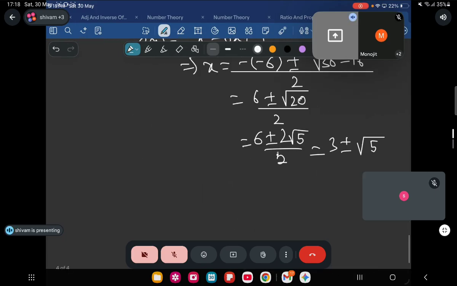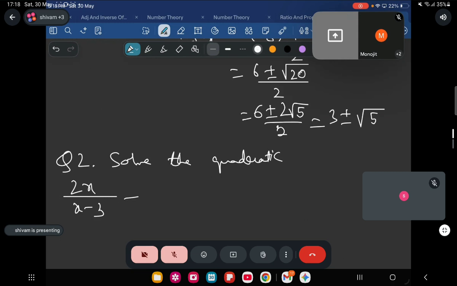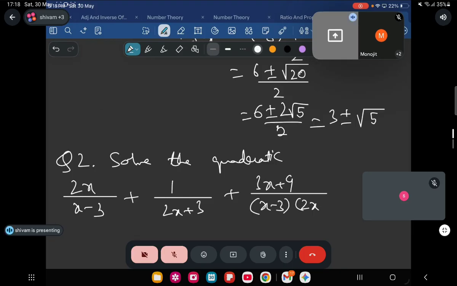So shall we do some problems? You solve some easy questions. Question number 2. Solve the quadratic: 2x by x minus 3, plus 1 upon 2x plus 3, plus 3x plus 9 by x minus 3 into 2x plus 3, equal to 0.